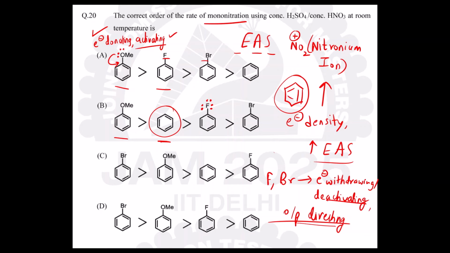Because of the very high electron density, it will be willing to donate more. Although fluorine's electronegativity is higher, still fluorobenzene is more reactive towards electrophilic aromatic substitution because of the repulsion between the lone pairs. And then last will be Br. So the correct answer will be option B.